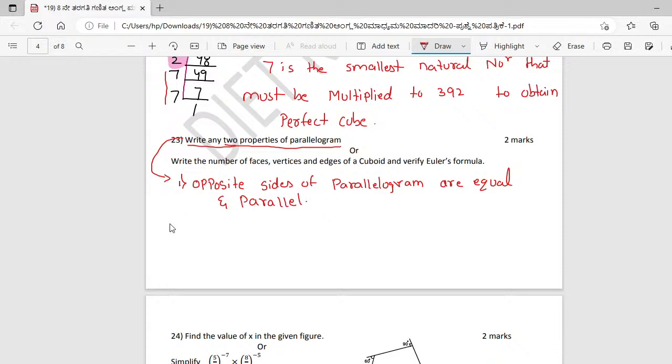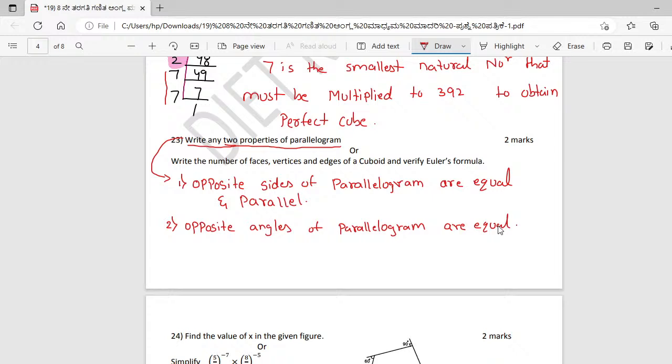I'll give one more property for you. What is that? Opposite angles of a parallelogram are equal.